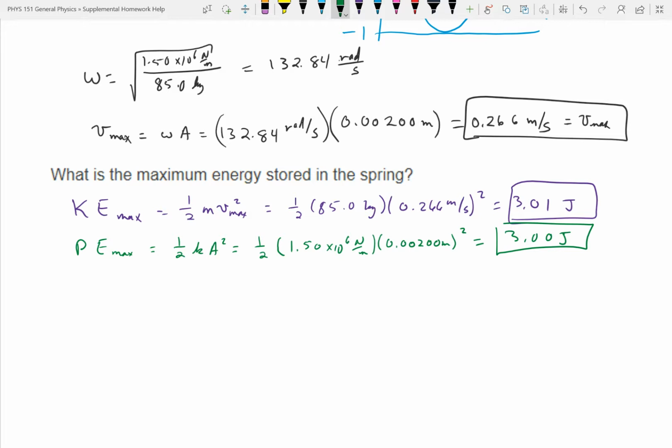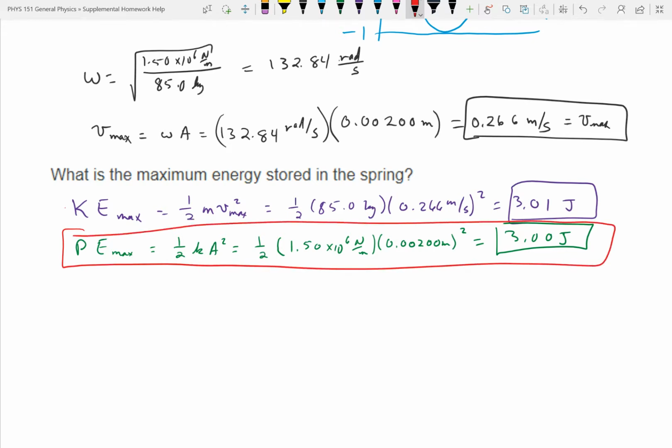Energy stored is both kinetic and potential. This one here is the calculation of the potential energy directly. This one here is kinetic energy. We know energy is equal to kinetic energy plus potential energy. So when potential energy equals 0, energy equals kinetic energy max.